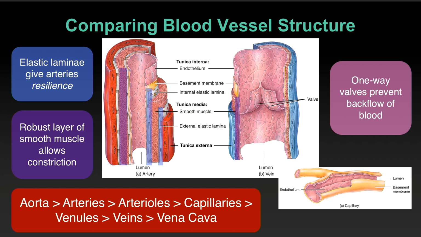And they are larger than arterioles, which are the next smaller set of branches that you would encounter. And the arterioles are really where the walls get meaty. There's a lot of muscle in the arterioles. That's where we have a lot of capacity to constrict or relax, to change the diameter of the vessels.